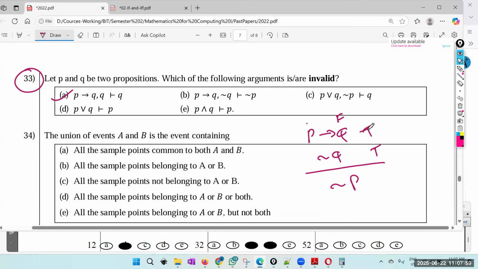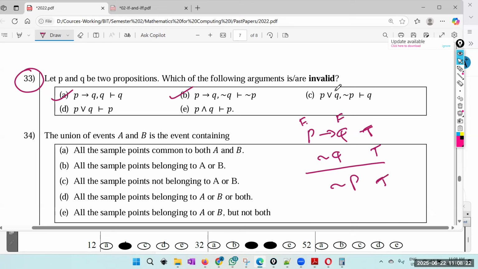So for this statement to be true, this must be false. Remember the word must be, not can be. Must be. P must be false means not P must be true. So therefore, this is true. Yes, must be true.